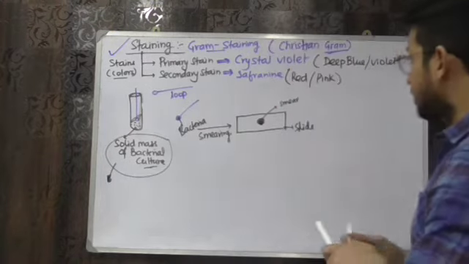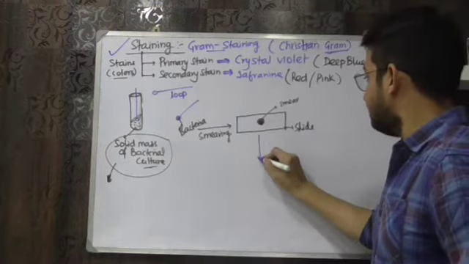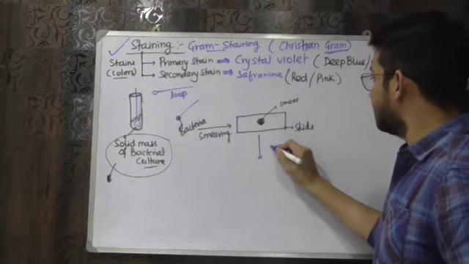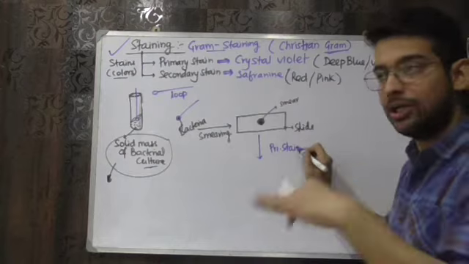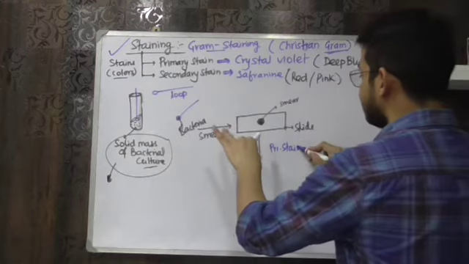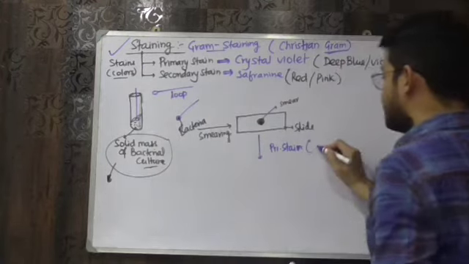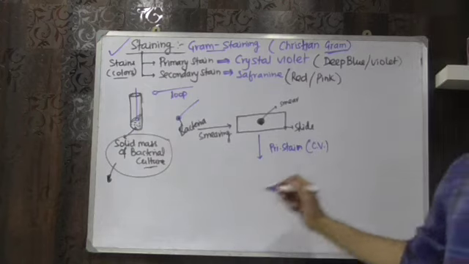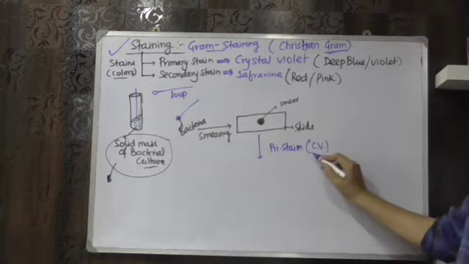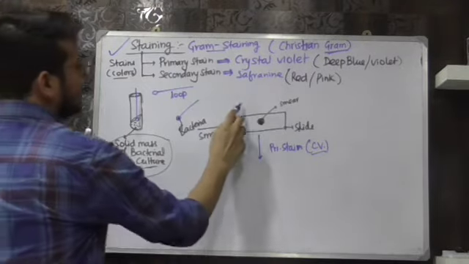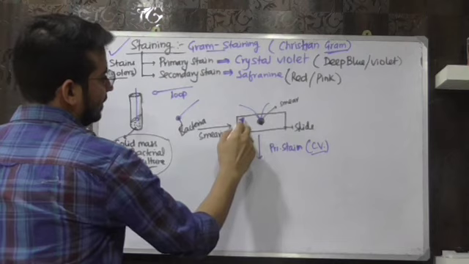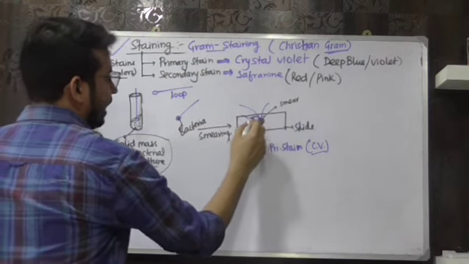Now the next step is to apply the primary stain. You have to add some primary stain to it. In our case the primary stain was crystal violet. I will write CV for crystal violet. Primary stain, crystal violet. When I add this over this bacterial culture, what will happen?